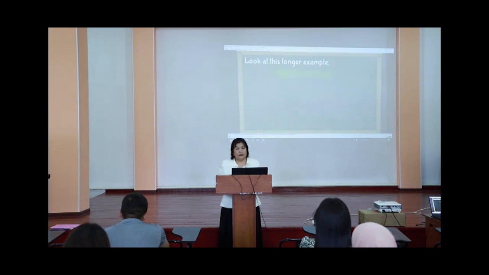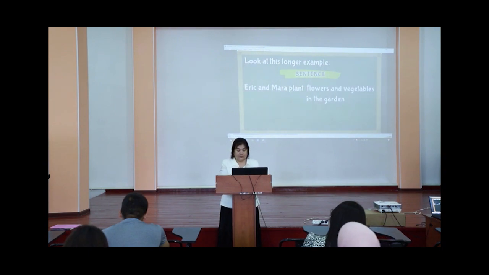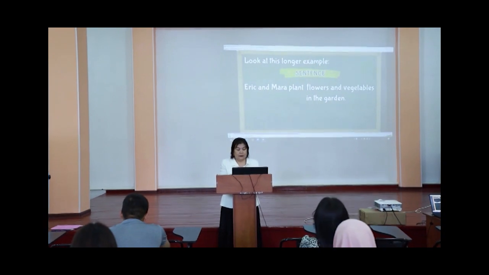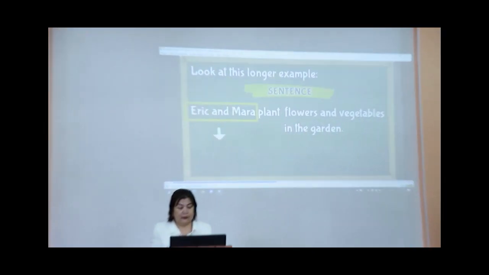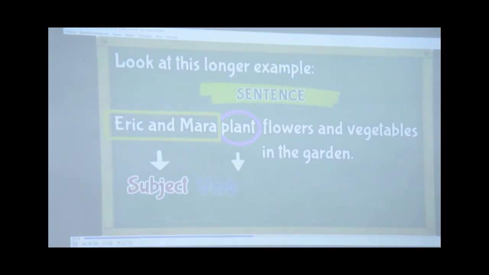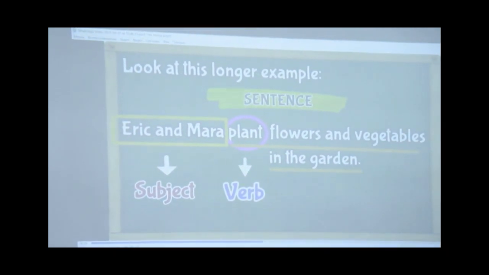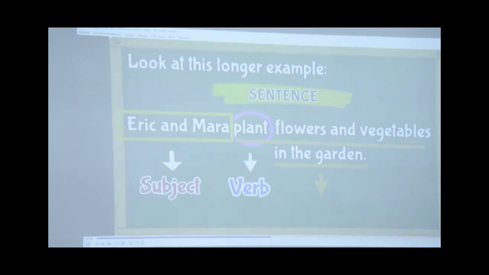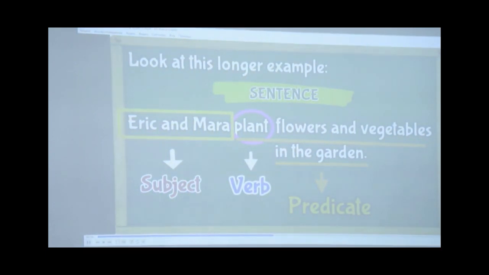Take a look at this longer example: Eric and Mara plant flowers and vegetables in the garden. Eric and Mara is the subject. Plant is the verb. Plant flowers and vegetables in the garden is the predicate.